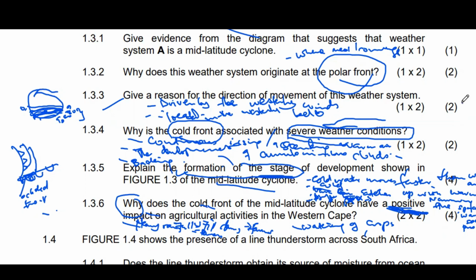This will assist in favoring the growing of crops in Western Cape. And how is it coming about? It comes about because when it rains, flooding will take place, fertile soils will be deposited somewhere that can be used by agriculturists to benefit. Okay, do you understand that? I hope you understand. I hope we are all on the same page.